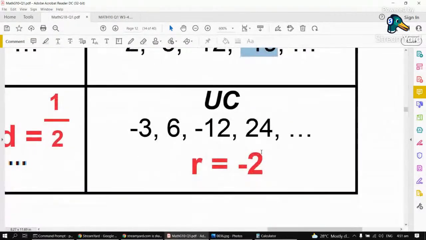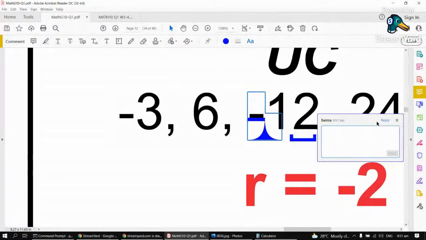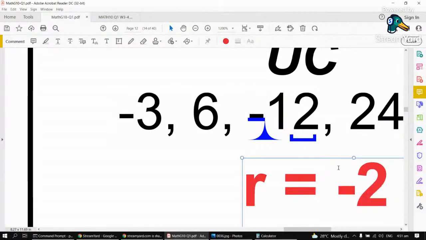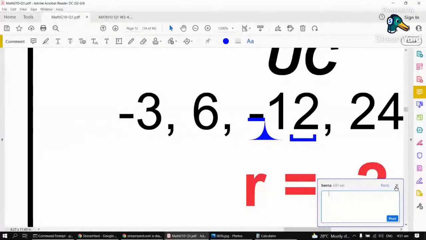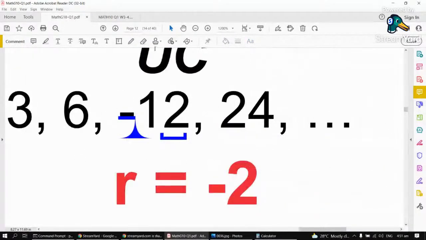Ito naman, ang common ratio is negative 2. So, makikita natin na nag-umpisa tayo sa negative, and then sunundan ng positive, then naging negative na naman. And then sinundan ng positive.